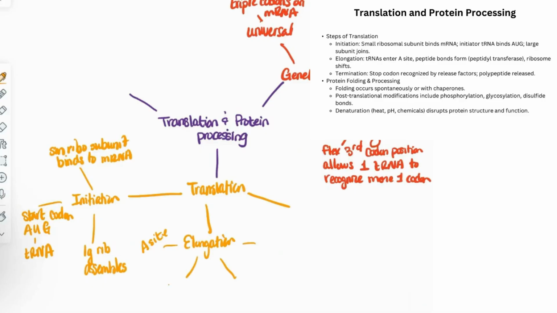Then we have the P site, where the peptide bond is formed, and then the E site, where the transfer RNA exits.